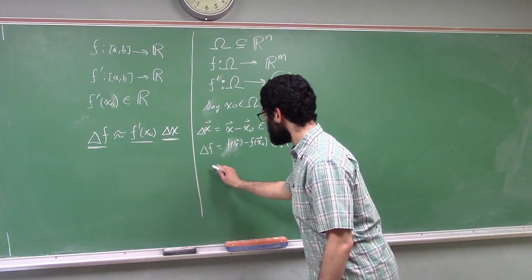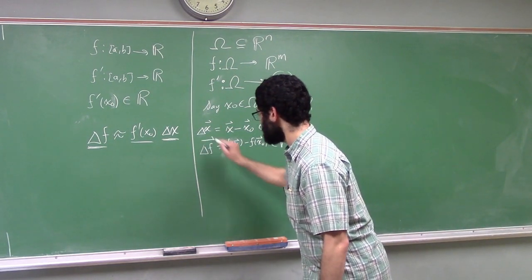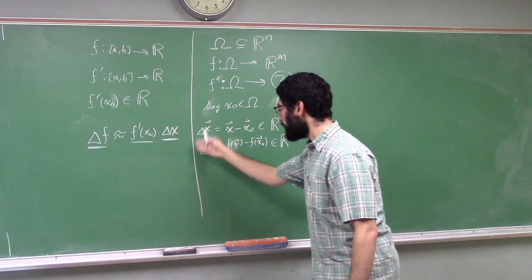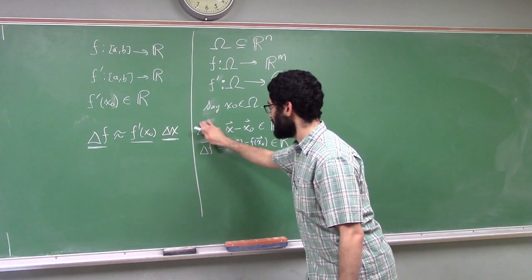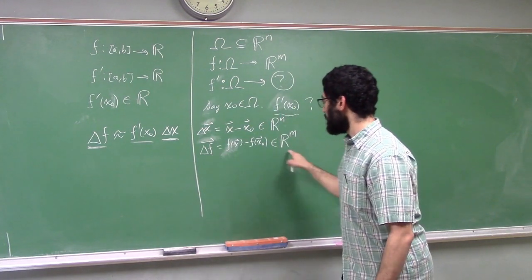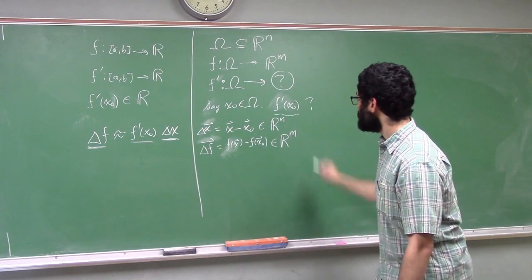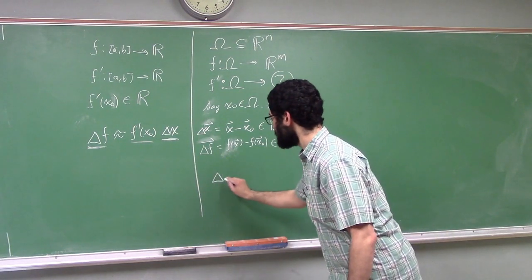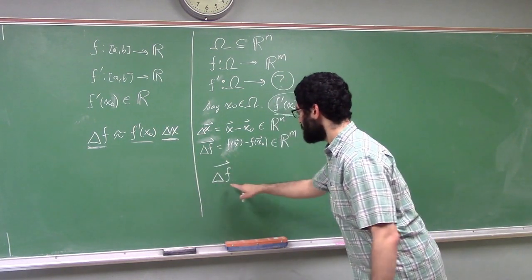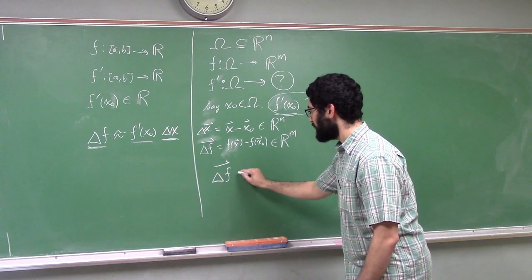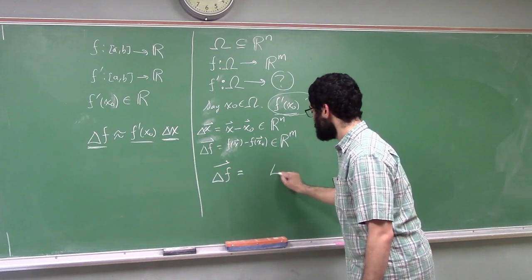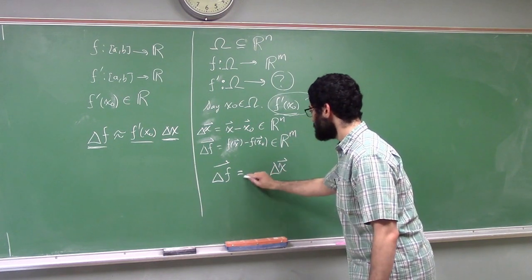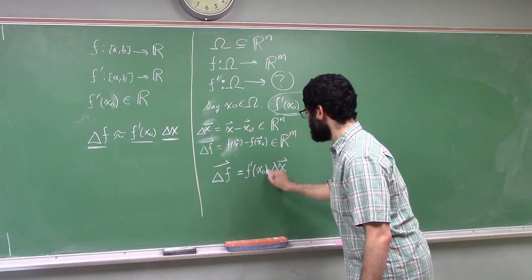That means this is a vector, an object with multiple components. So this is an object with m components. Whatever this is, it should still fit in a statement like this: the output displacement vector should equal the input displacement vector with this thing, whatever it is, applied to it.